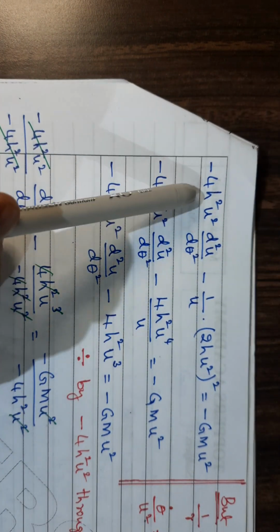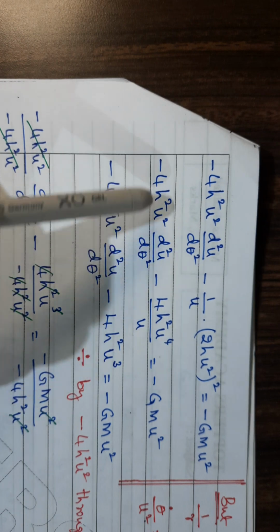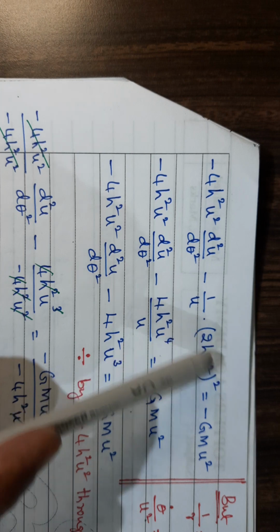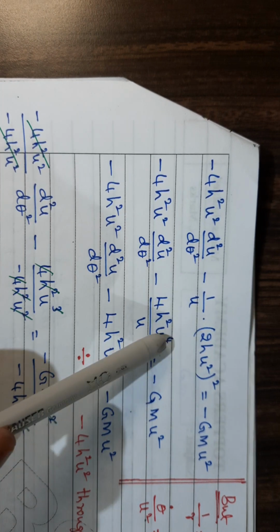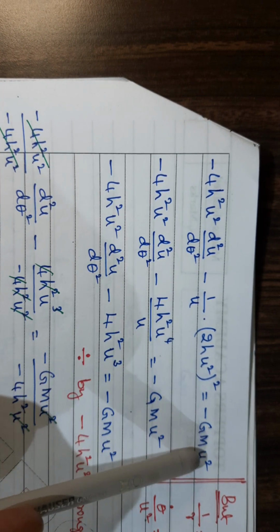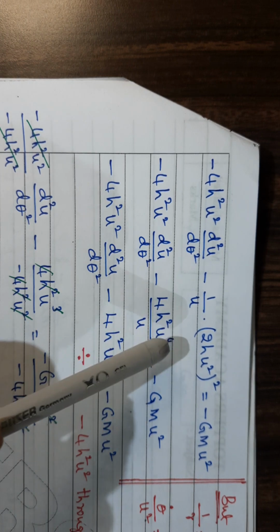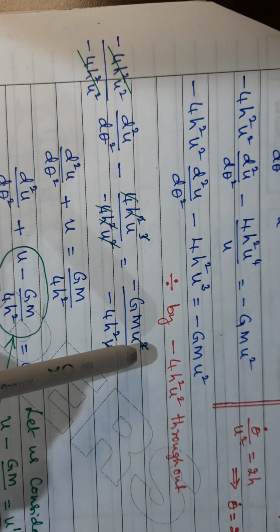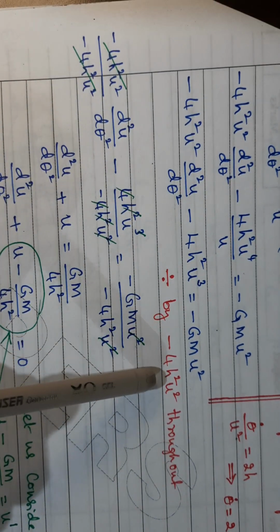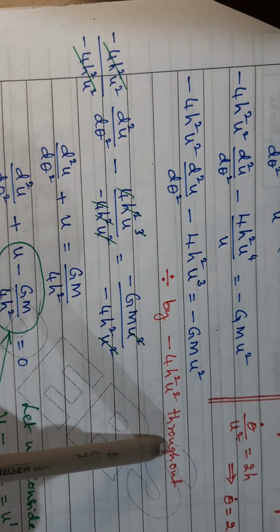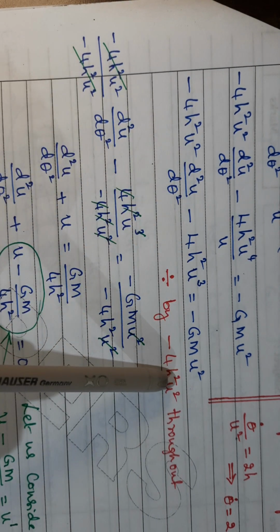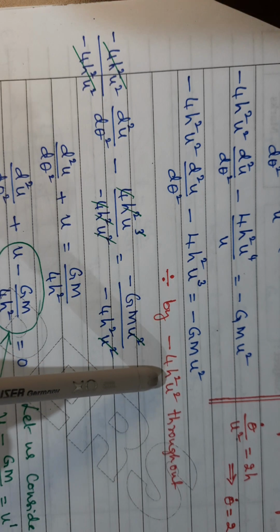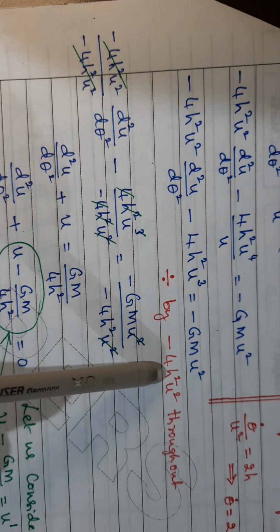Now, 4h square u square d square u divided by d theta square with a negative sign, minus, expand this, 4h square u to the power 4 divided by u. One u gets cancelled. Do the simplification. Then the next idea, divide throughout by minus 4h square u square, means every term is divided by this quantity 4h square u square.